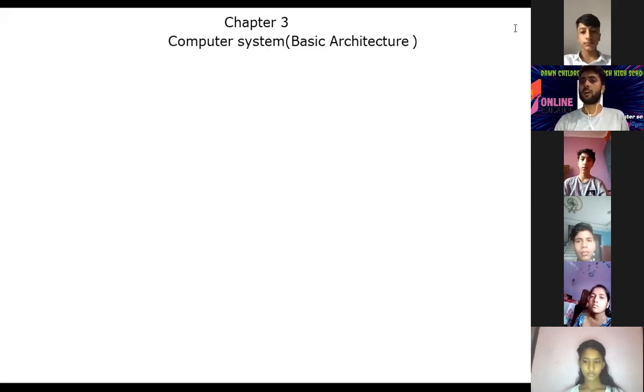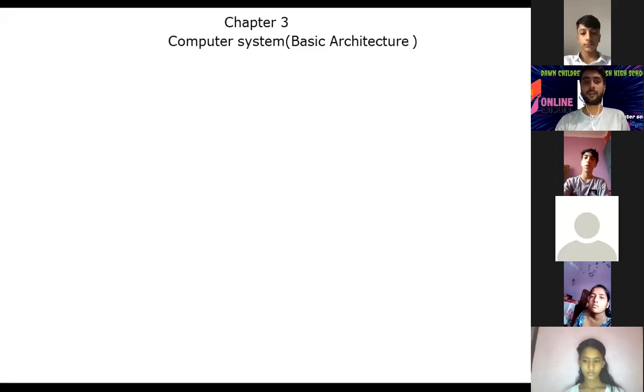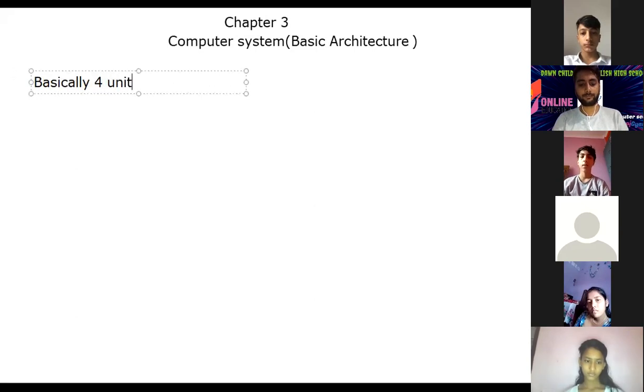So how does it work? That we have read. There are basically 4 units in a computer system. That means 4 tasks it will perform inside.